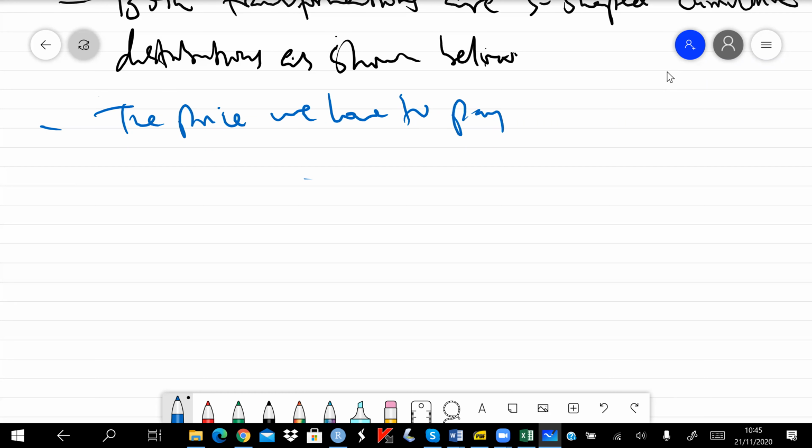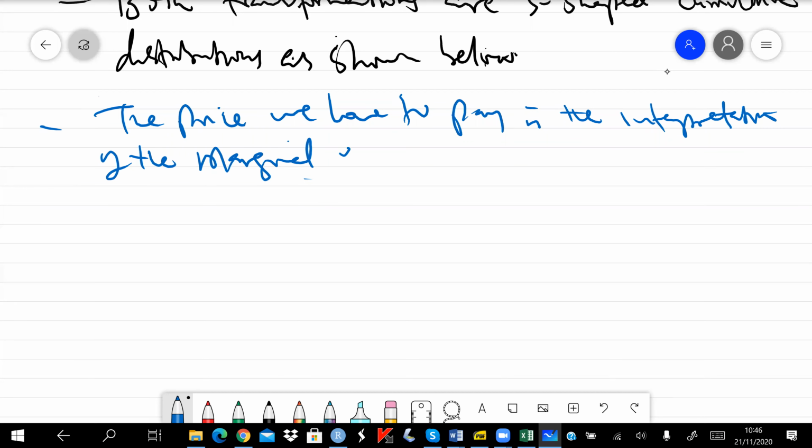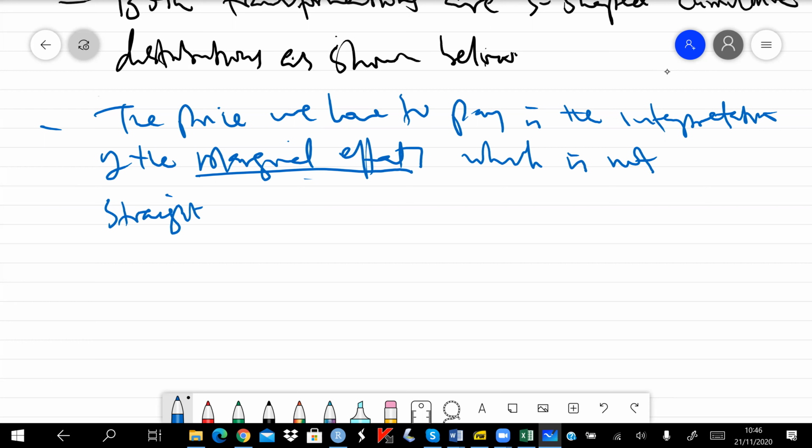So the price we have to pay here is the interpretation of the marginal effects, which is not straightforward. It's not as straightforward as in the case of the linear probability model.